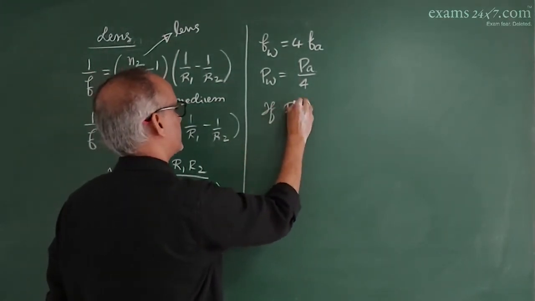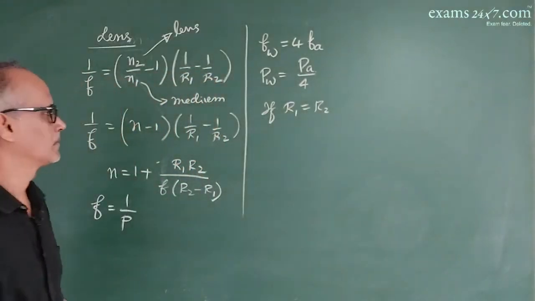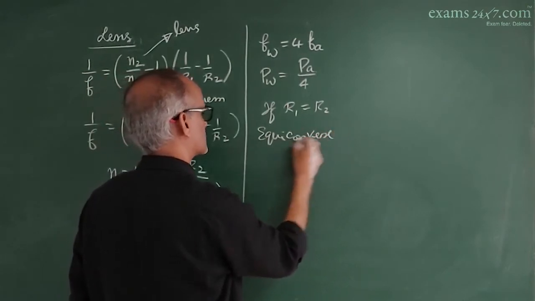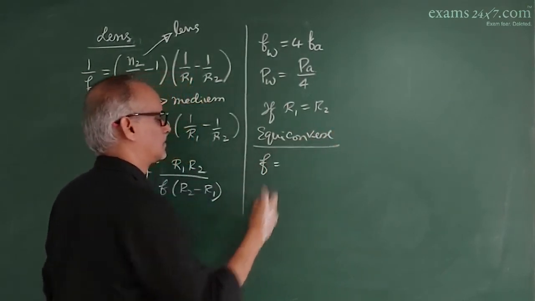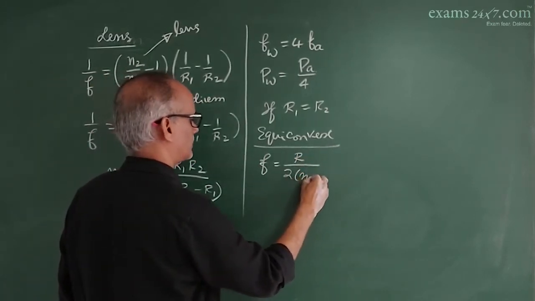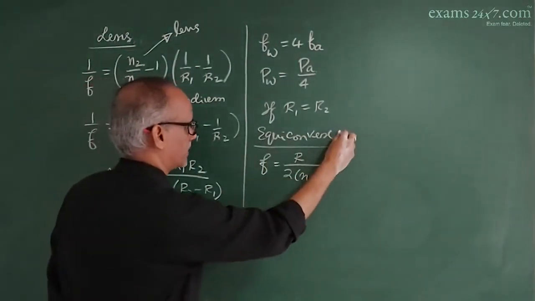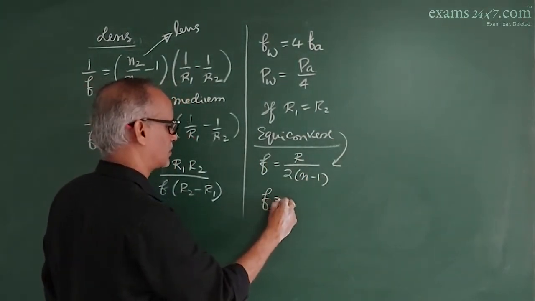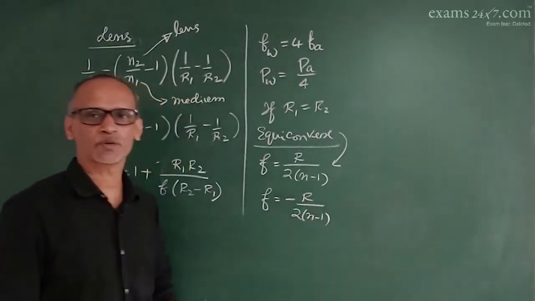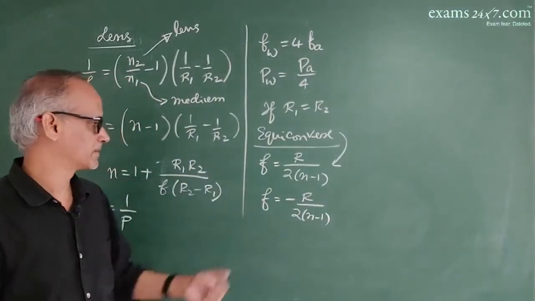Now, if the radii of curvatures are same, then we call it an equiconvex lens, for which the focal length is r by 2 into n minus 1. This is for convex. If it is concave, then we write the equation as f is equal to minus r by 2 into n minus 1, because focal length of a concave lens and its power are always negative.